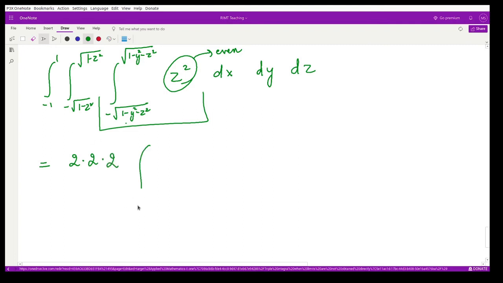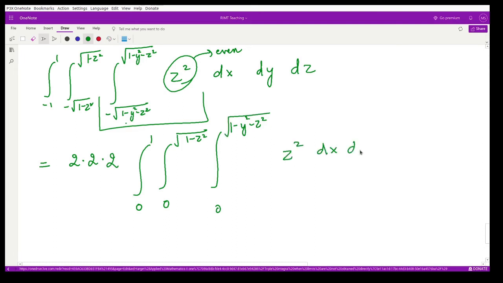Your limits now reduce to 0 to 1, then integration from 0 to square root of 1 minus z square, and then integration from 0 to square root of 1 minus y square minus z square, and the function z square dx, dy, dz as such, because this is an even function.